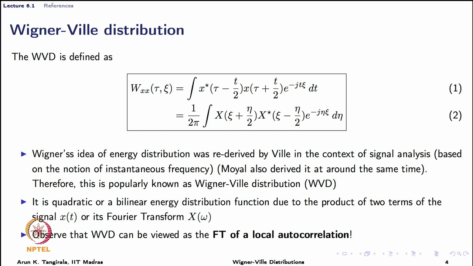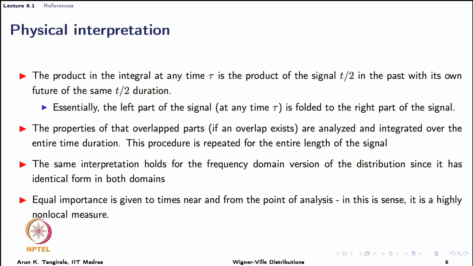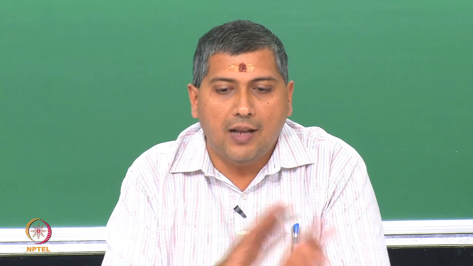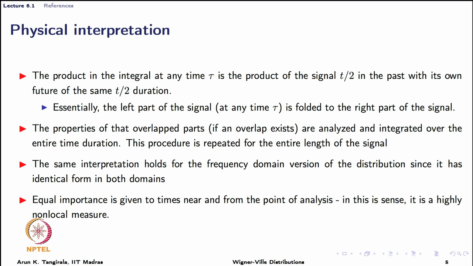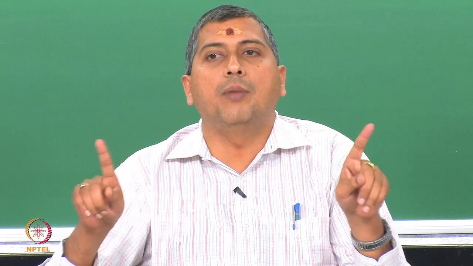Assume that the signal is real, therefore x star is nothing but x itself. So, for real valued signals I am looking to the left and right of the signal over the same duration and then folding, that is, I am computing the extent of overlap between these left and right segments, and I am not just looking at one segment, I am looking at all possible segments with respect to tau. So, let me illustrate this on the board.